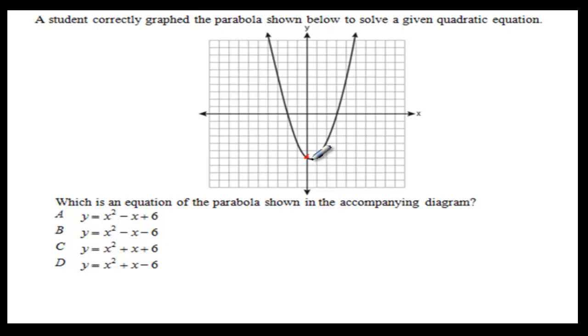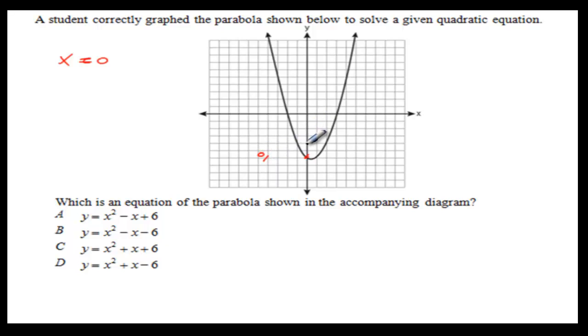This is the y-intercept, and we know the y-intercept always has x equals 0. Where the function intersects the y-axis, the x value equals 0, which means you put 0 for x in every single one. When x equals 0, y equals what?